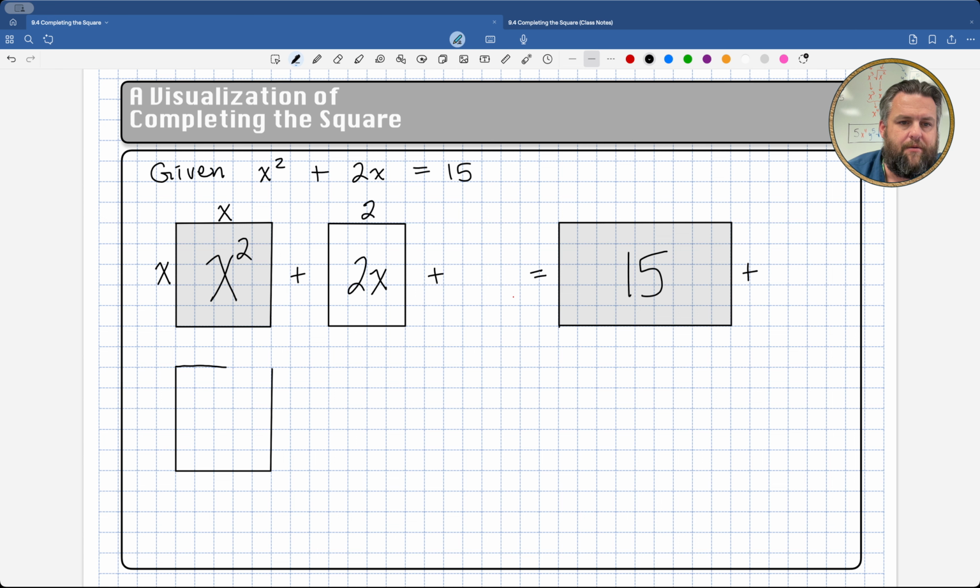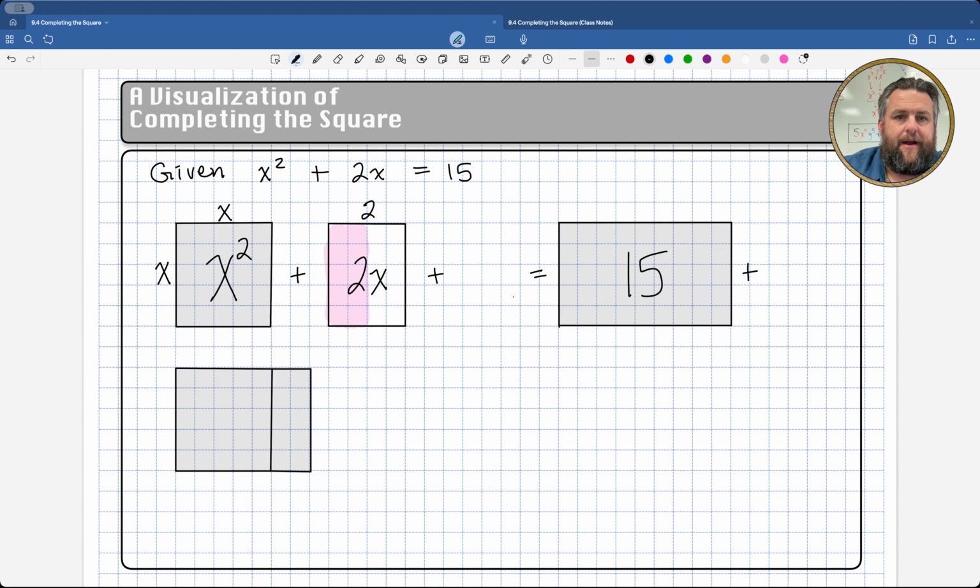Then we're going to take half of this rectangle and put it along the side of the square.